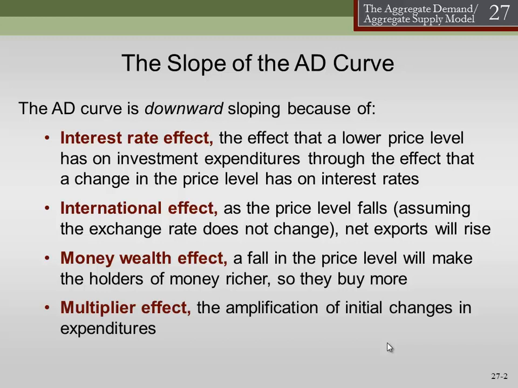And then we have something called the multiplier effect. And we'll talk about this in a slide or two, but this is basically an amplification of the initial changes of expenditure.